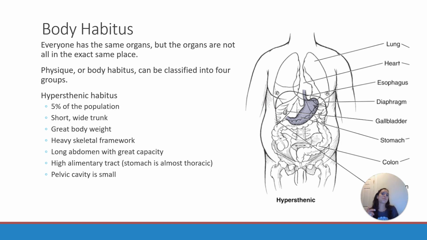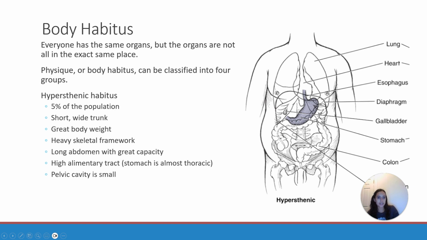Everyone has the same organs, but the organs are not all in the exact same place. So the physique or the body habitus can be classified into 4 major groups. You have the hypersthenic habitus. This is 5% of the population, short, wide trunk, great body weight, heavy skeletal framework. There's an abdomen with great capacity, and the alimentary tract is high.